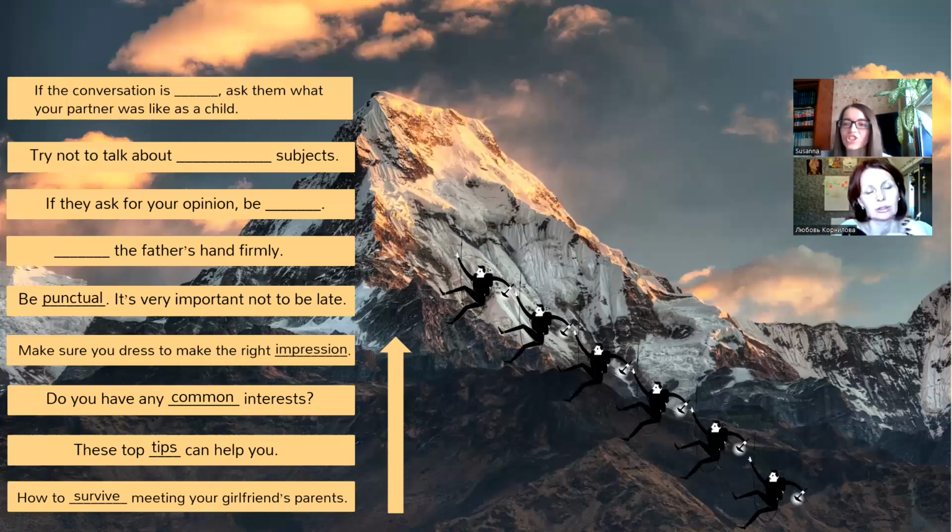Yeah, a handshake. So you need to shake. Yeah. To shake the father's without to? Without to, because it is imperative. So here we don't need to use infinitive. Yeah, shake the father's hand.